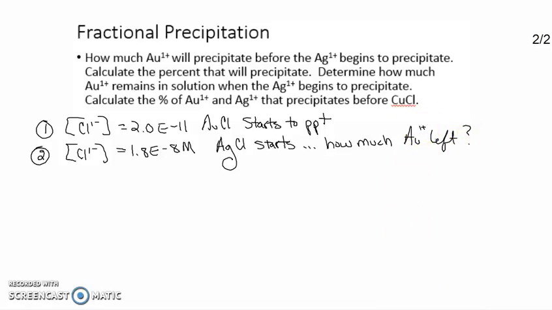So if we want to know how much Au1+ is left in the solution, we need to do a Ksp calculation. Now we know the chloride ion concentration at this point, but we don't know what the gold concentration is. So plug in the chloride, plug in x for the Au concentration, and solve.